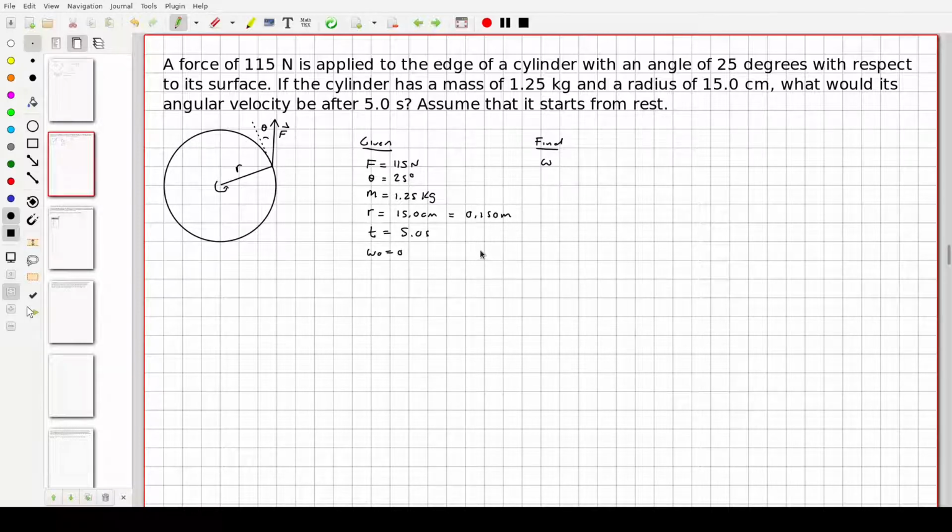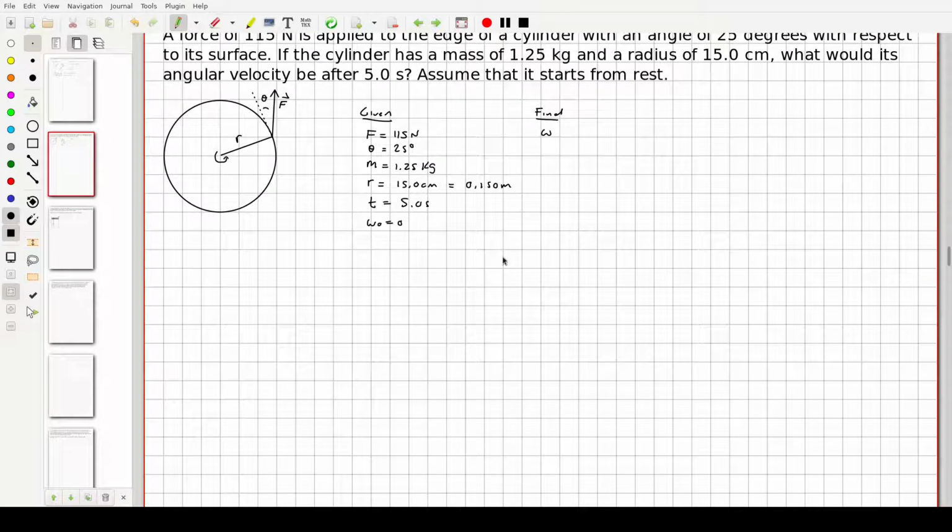So, that said, we know this is a cylinder, and we can look up the moment of inertia of a cylinder. And let me get that real quick. We want the cylinder down a long axis.